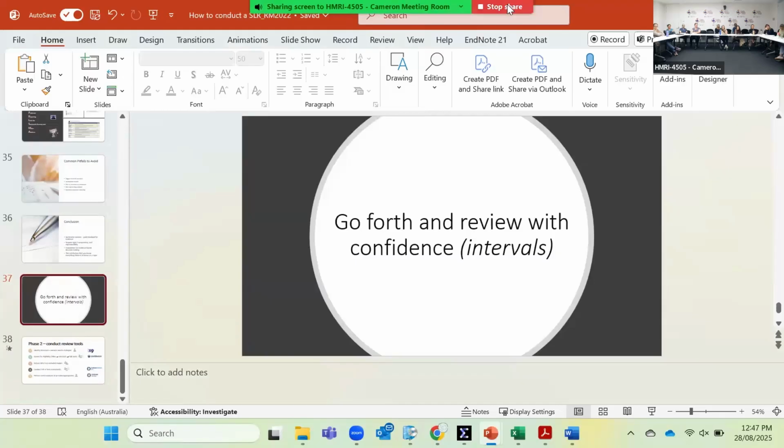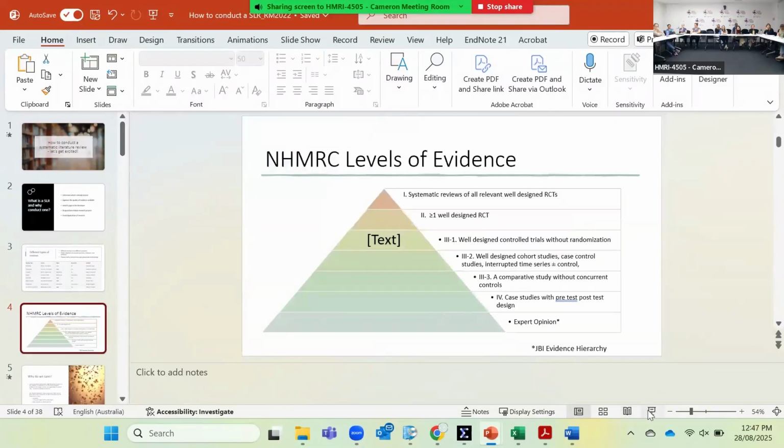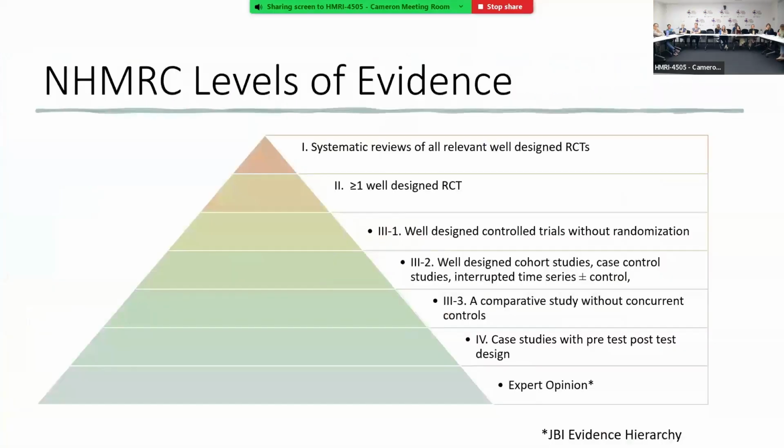Hi. Can you slide up, Vanessa, on the definitions of the levels of evidence? I'm interested in your thoughts. So what does it say, the top one? Systematic reviews of relevant well-designed RCTs.